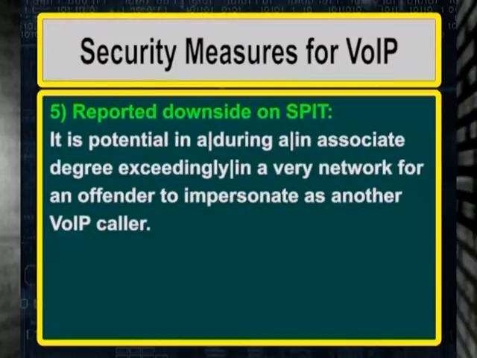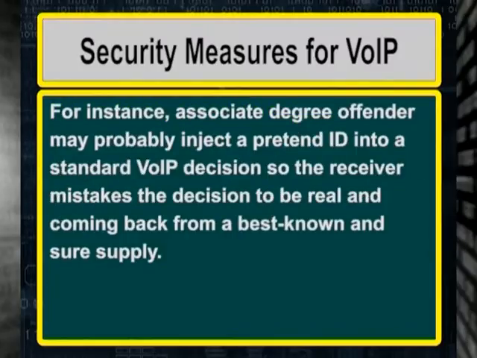Reported problem on SPIT. It is possible for an offender to impersonate another VoIP caller. For instance, an offender may potentially inject a fake ID into a standard VoIP call, so the receiver mistakes the call to be real and coming from a well-known and trusted source.